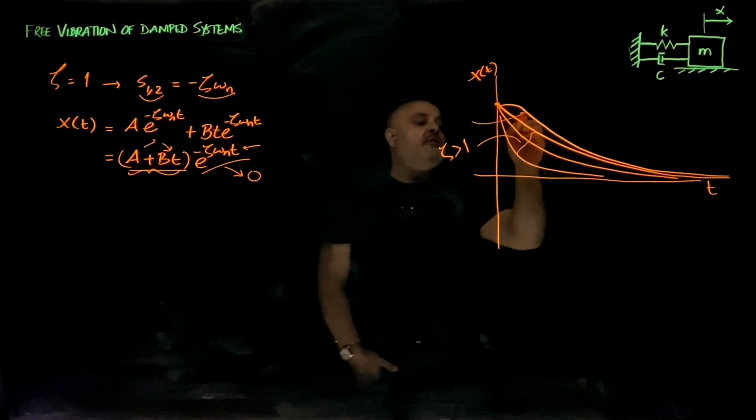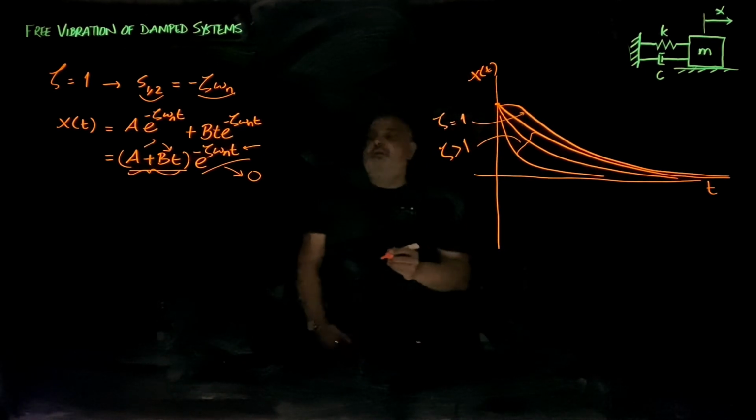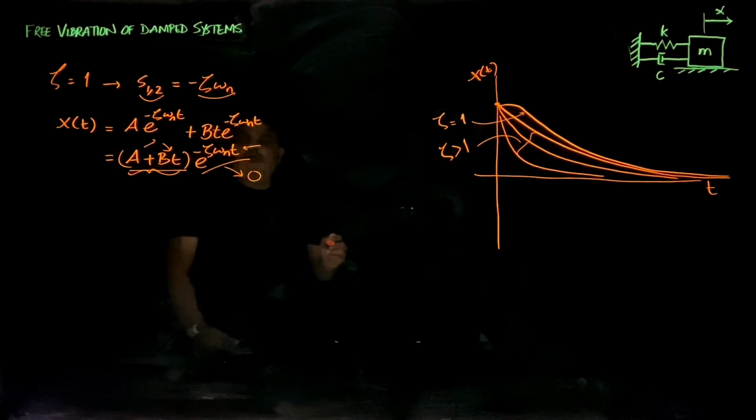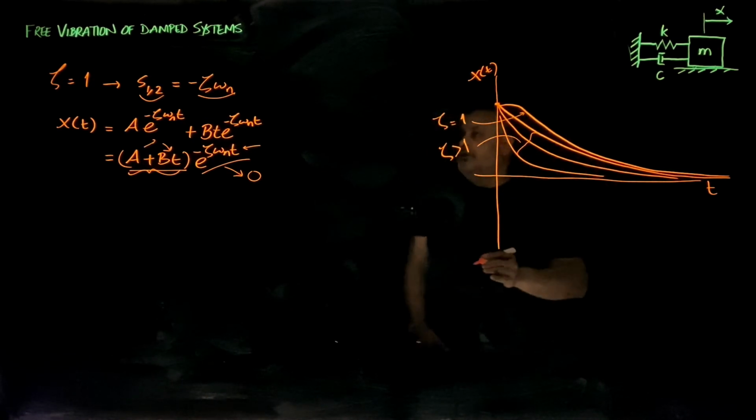That's for zeta equals 1. The system is critically damped. So again, we have sort of an exponential response decaying with time.